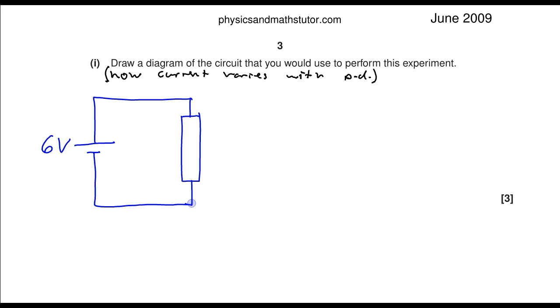connected to a variable resistor, and we will connect the lamp there with a sliding contact across the resistor.